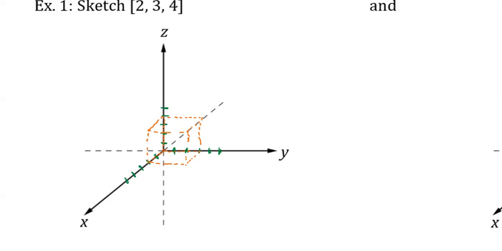Okay, now ready? You can think of it this way: 2x, 3y, 4z. So I've gone to this point, haven't I? 2, 3, 4. Do you see it? And there's my vector.